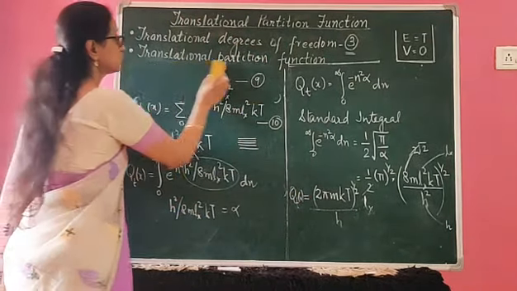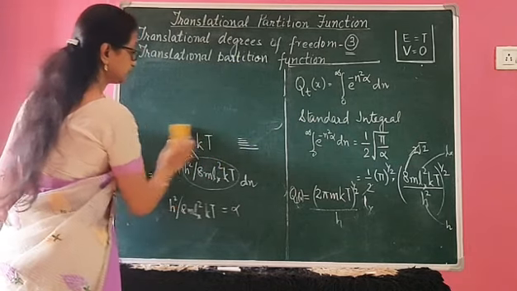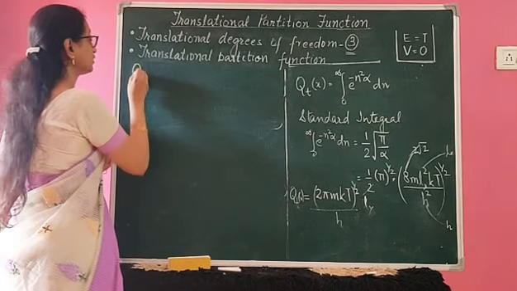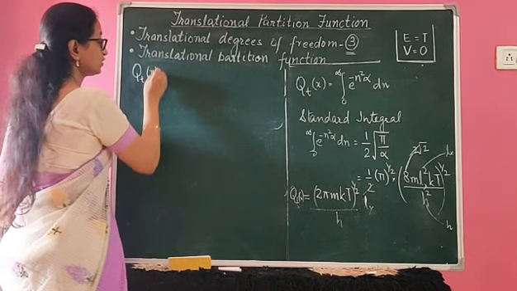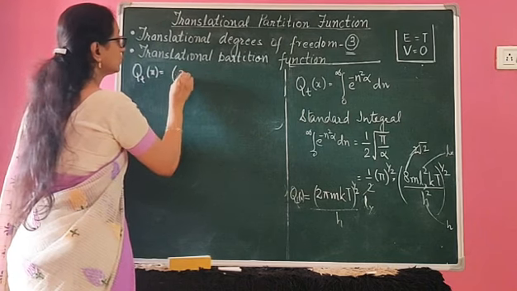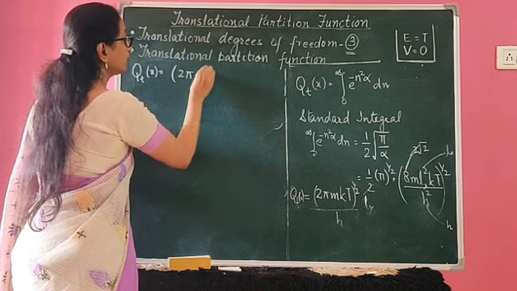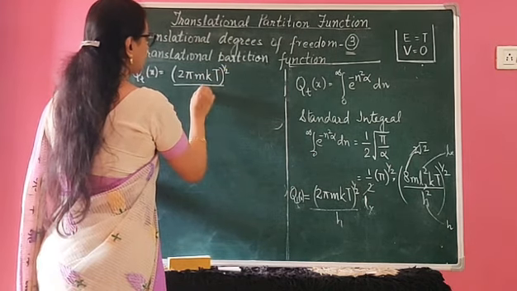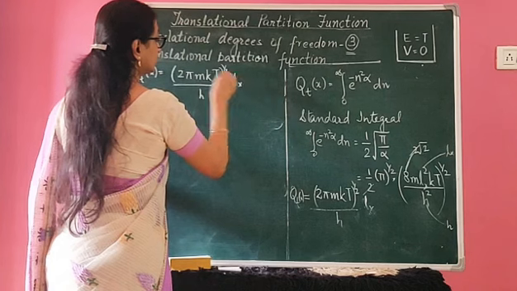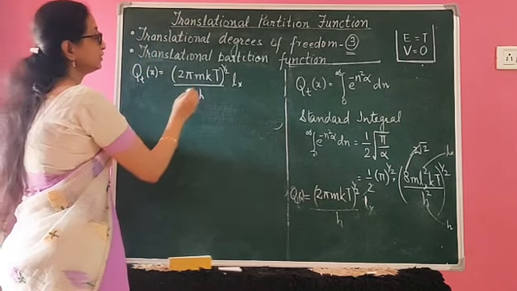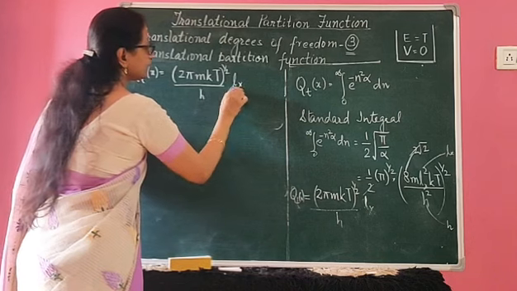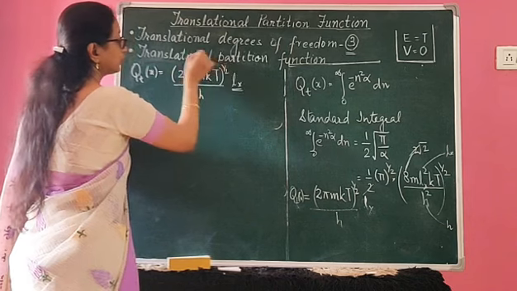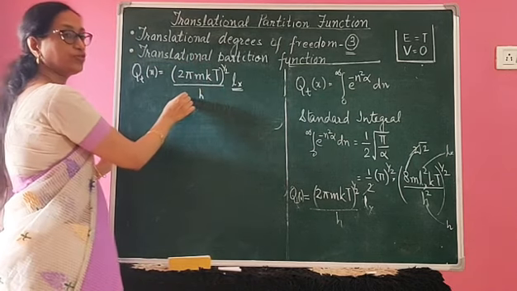So we have got the expression for partition function along x direction, which can be written as 2 pi mkT to the power half upon h, into Lx. Here this is having the dimension of wavelength, and this will have the dimension of inverse of wavelength.